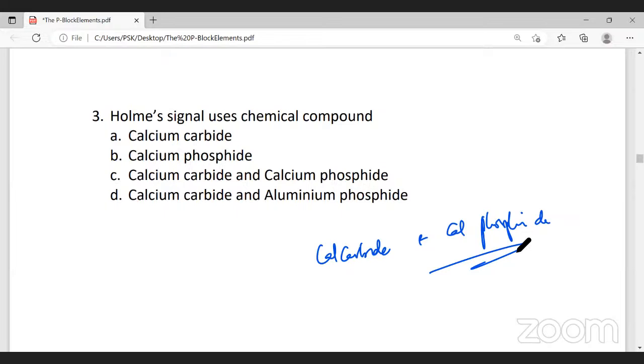When it is thrown in water, it spontaneously burns or combusts, and that serves as a signal that is called Holmes' signal. The answer for this question is option C.